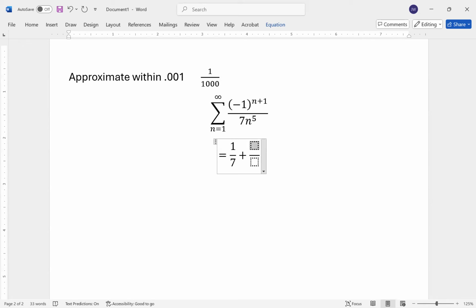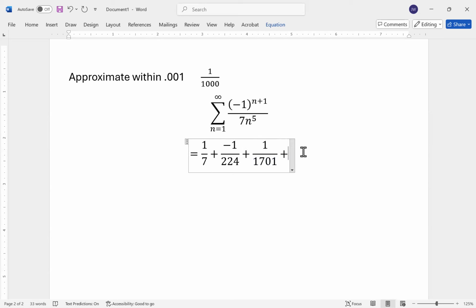Here, the first term, when I plug in 1, 7 times 1 to the fifth becomes 7. When I plug in a 2, I get a -1 in the numerator, and I get 7 times 2 to the fifth in the denominator, which is 224. When I plug in a 3, I get a 1 in the numerator, and I get 1,701 in the denominator.